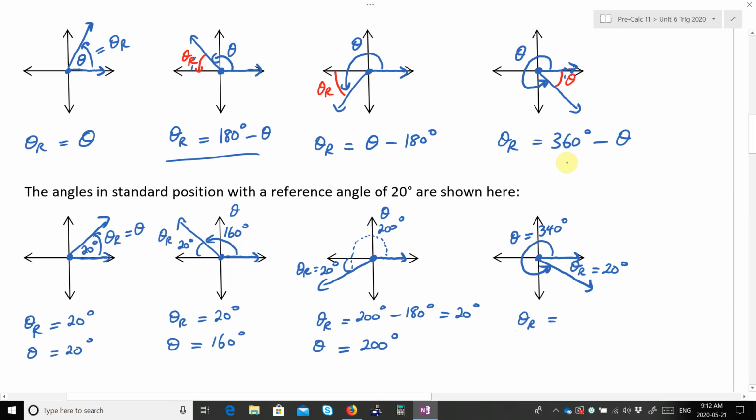Okay, so theta reference using this formula up here is 360 minus the 340, which is where we get the 20 degrees from, and theta is 340 degrees.